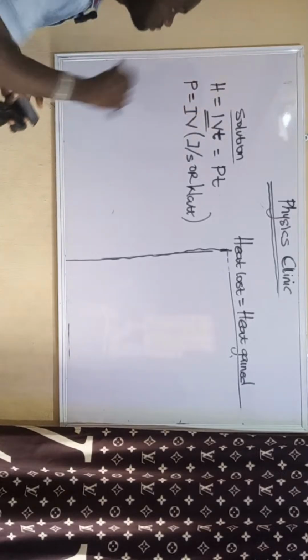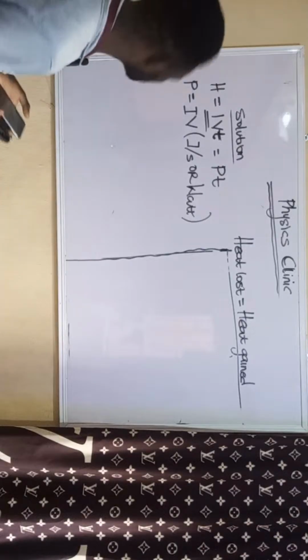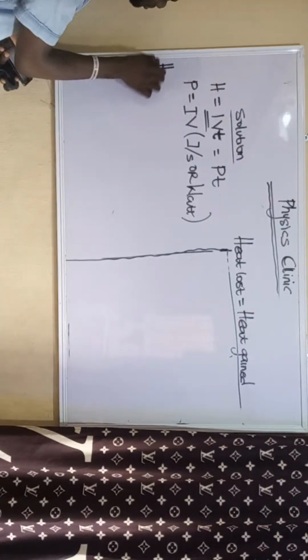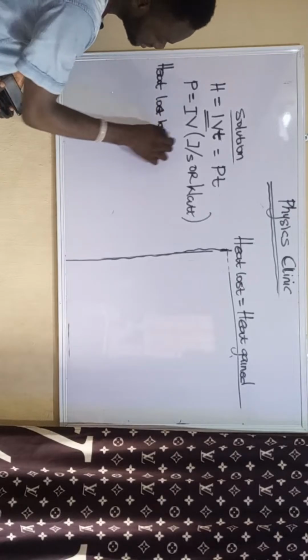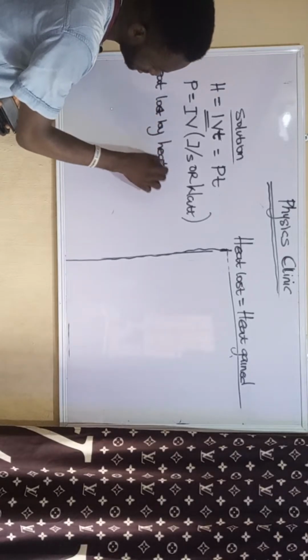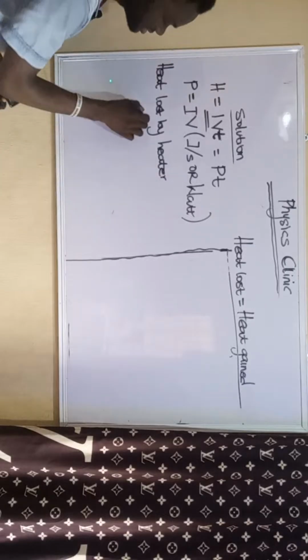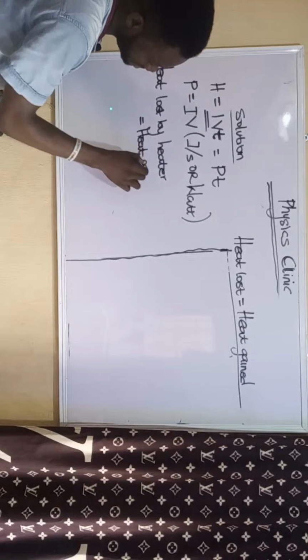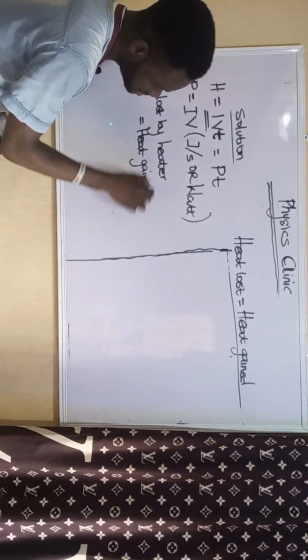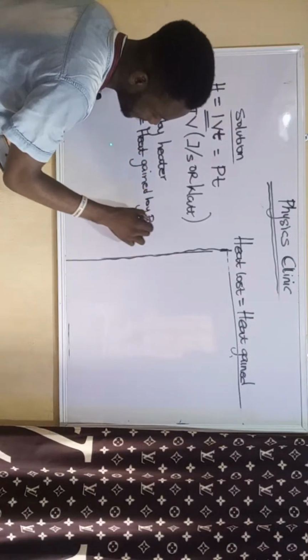All right, so my immersion heater is the heat loss. So this is going to be: heat lost by heater is equal to heat gained by paraffin.